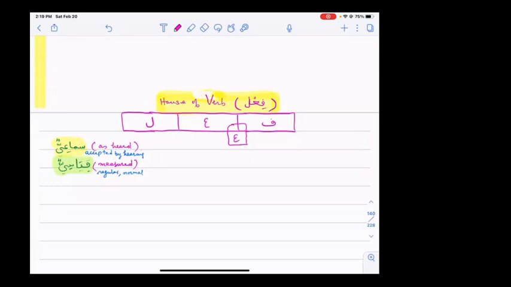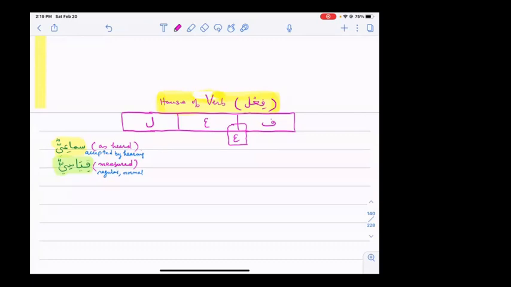So when the Arabic language wanted to have more meanings, more shades of meaning, it goes to the root and then makes the necessary changes to have a different shade of meaning.